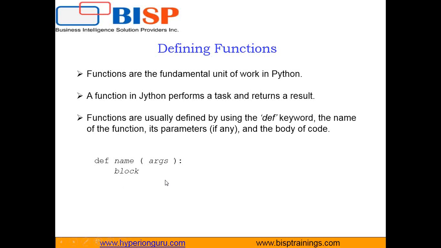So here is the syntax of the function, how we are going to define a function. First of all, the def keyword, then we define the name of the function. If we are going to create a parameterized function, if any arguments are going to be passed, we pass the arguments here. Then we define the block of that function. So let's take an example.